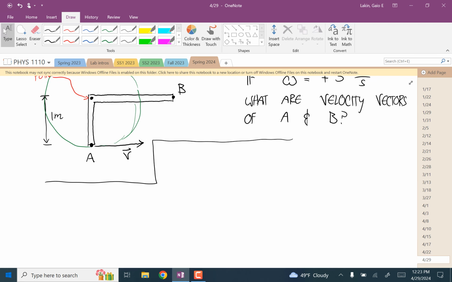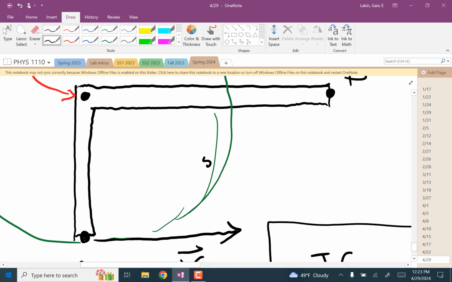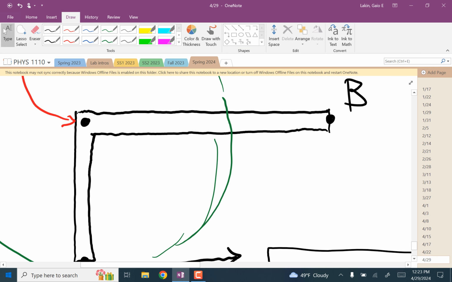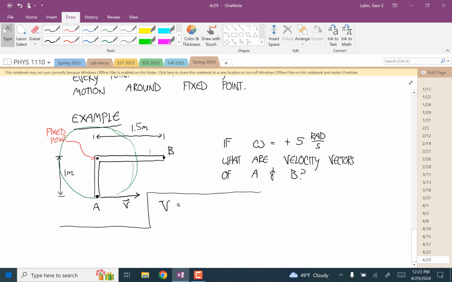Okay, well, the magnitude, the speed, is equal to 5 times the distance from the fixed point to A. What's that distance? 1 meter. And so you get a speed of 5 meters per second.